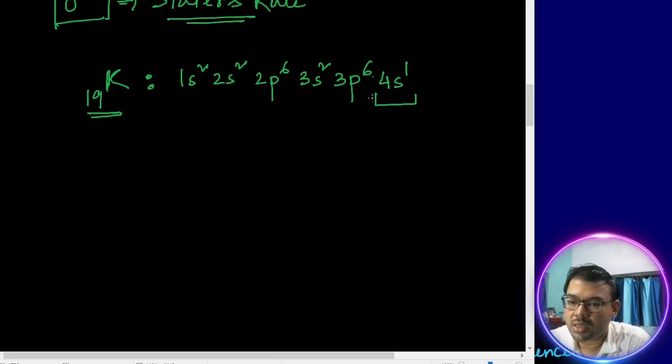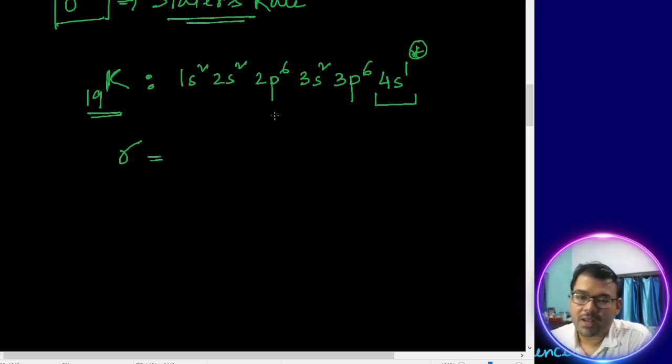For the 4s electron, there is one electron, and we cannot count this electron, because it is the last electron situated in the valence shell, and it is shielded by the inner core electrons. So we calculate the sigma for 3s 3p.